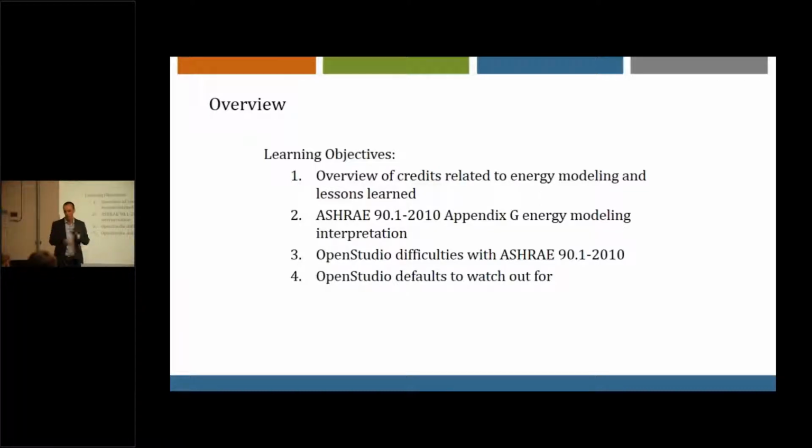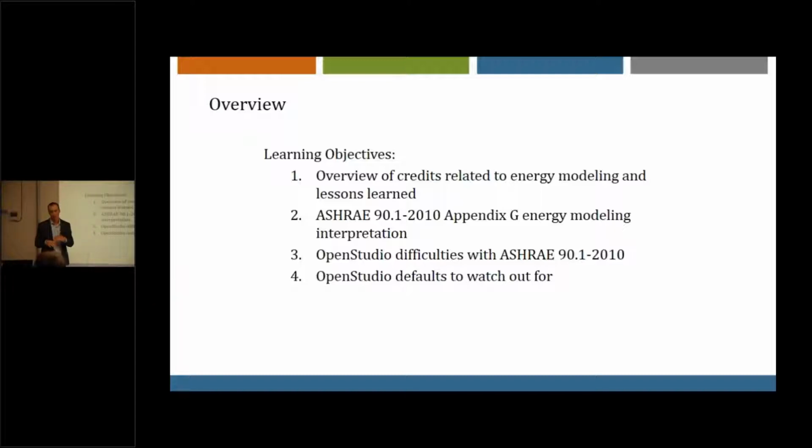Yeah, so overview, looking at that higher level first, the LEED version 4 credits, what's changed since version 3, and then our high level takeaway from some of the projects we've worked on so far. Then I'll get into some interpretation issues or things that aren't very clear with 90.1 2010 Appendix G from an energy modeler practitioner point of view.